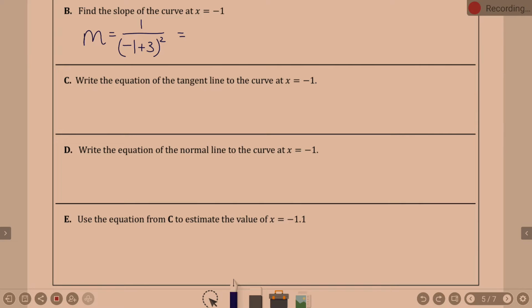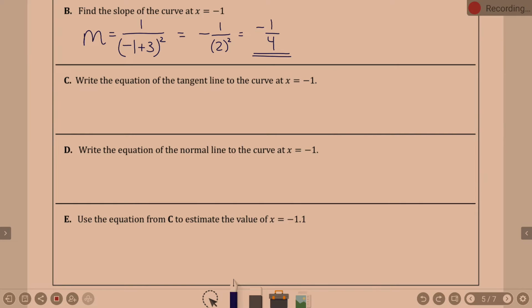What do you know about -1 plus 3? That's 2. And what do you know about 2 squared? 4. My opinion is that you clean it up because we're getting ready to use this. Okay, so that's the slope of the curve at x equals -1.